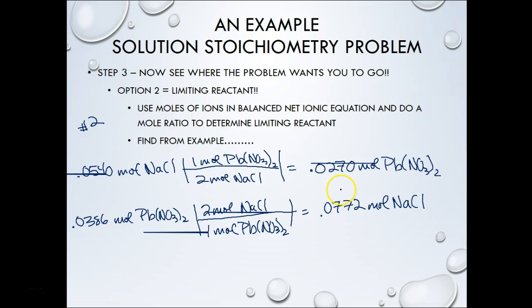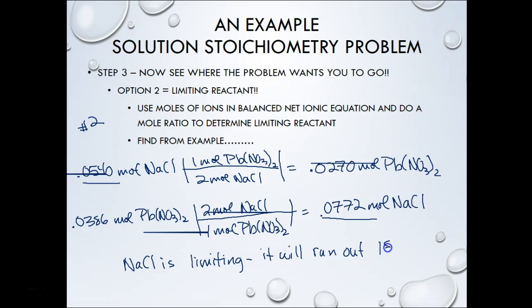So I start comparing. Well, I realize, oh, that's plenty, but right here, this is how much I need, that's how much I have. So I find out that the NaCl is limiting. Okay, it will run out first. So now I have my limiting reactant. Really simple. Same process that we've always taken. We took our original numbers, we found the number of moles of each reactant, and now we're using them.